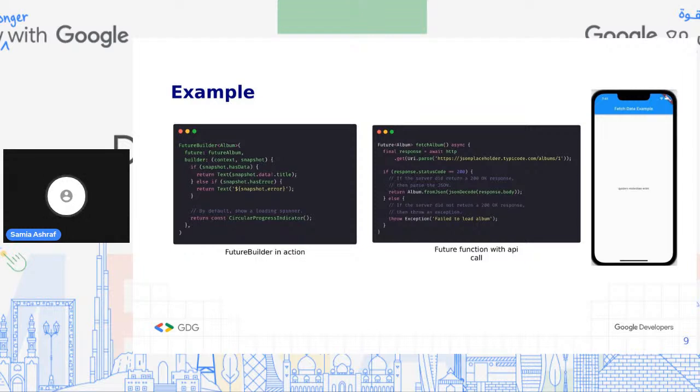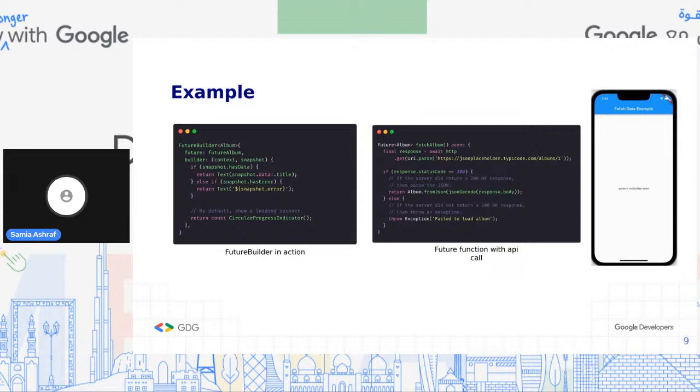Once it fetches the data, it will store it into a model, which in the UI we can access using the model called album. So once the API call is complete, we will check for snapshot.hasData to check if there is data or null data, and then we will display the appropriate data in the UI.